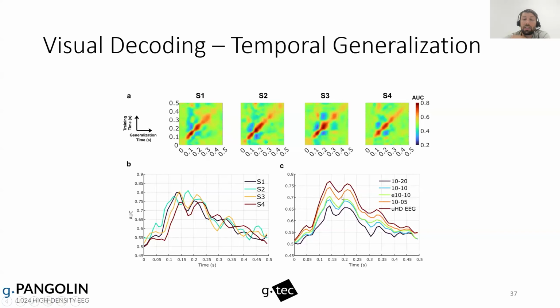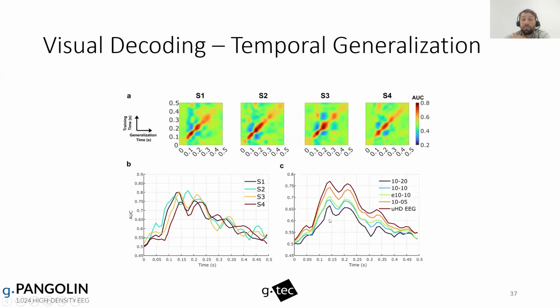And particularly interesting was that we plotted this for our electrode subsets, and we somehow expected lower accuracy peaking, and that we also can see here with the lowest for the 10-20 system electrodes and the highest for the ultra high density.